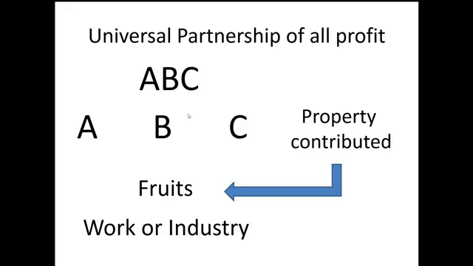So remember, in a universal partnership of all profit, what is included in the common fund is the fruits of property contributed, and second, everything they subsequently acquire from work or industry.